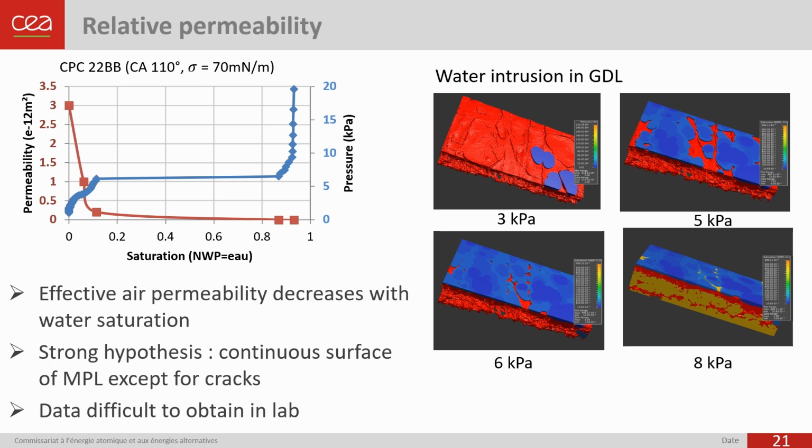So at the places where there are no cracks, it is considered a homogeneous structure, and the water and also the gas penetrate only by the large cracks. So there is an assumption that all water and gases pass only where there are cracks when there is an MPL.